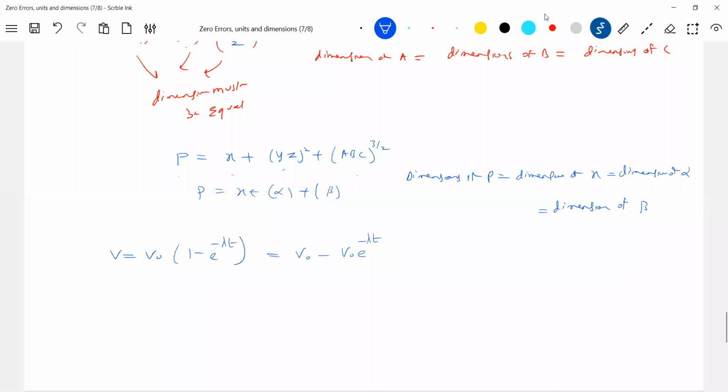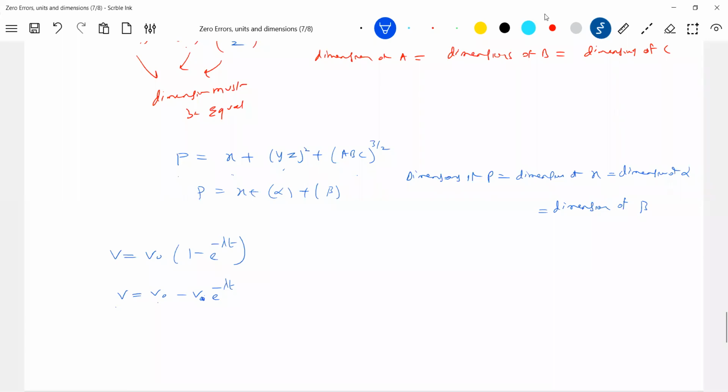I'll bring symbols here, a little bit easy for you. What should be the dimensions of this? Should be equal to the dimensions of V naught and this one.